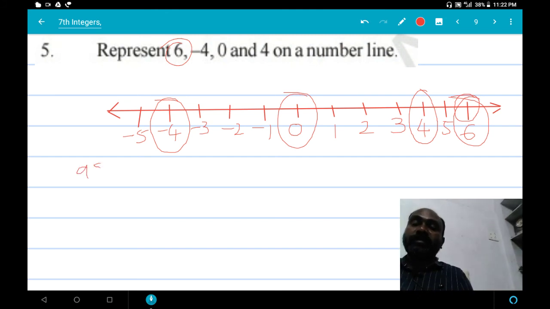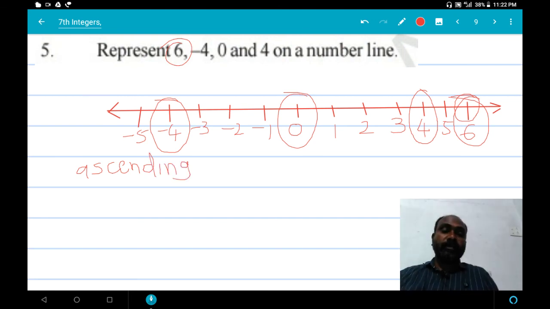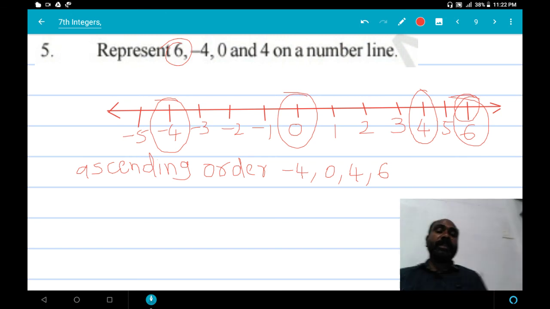Ascending order: from left side to right side, we move to the right. First on the left side minus 4 is there, after minus 4 comes 0, after 0 comes 4, after 4 comes 6. This is the ascending order.